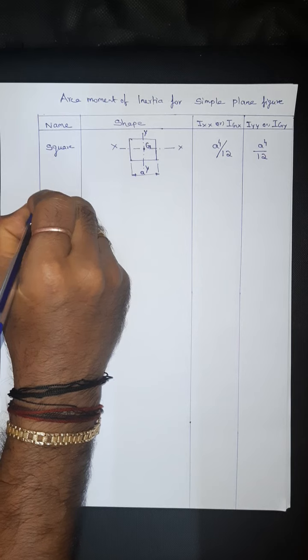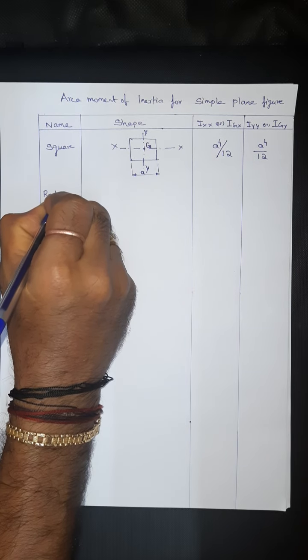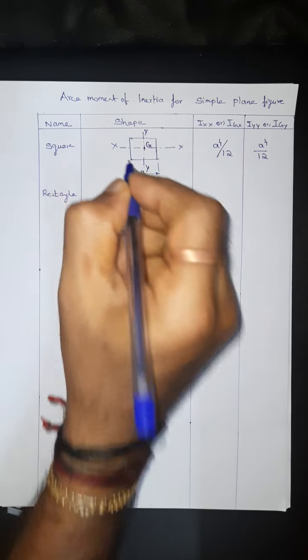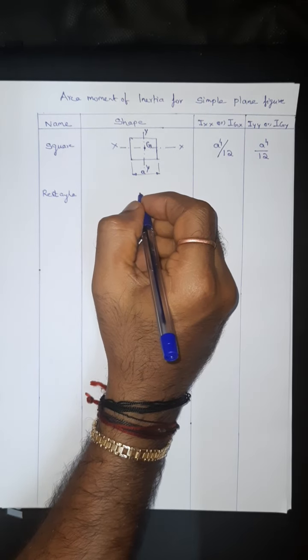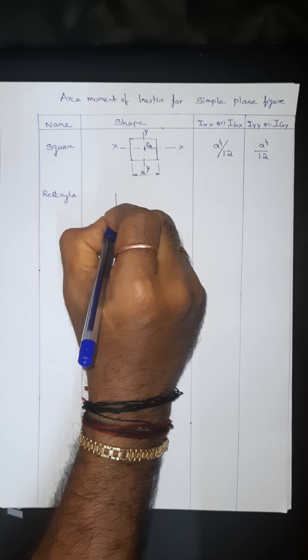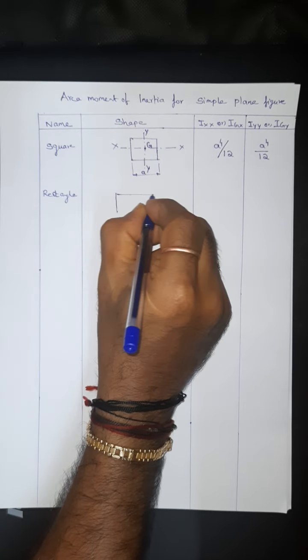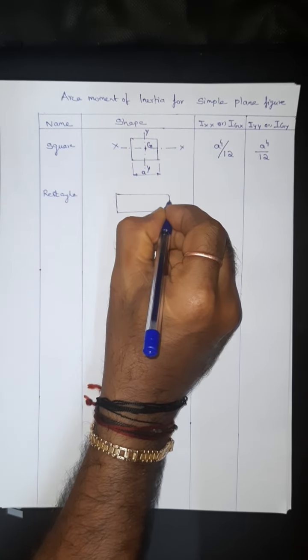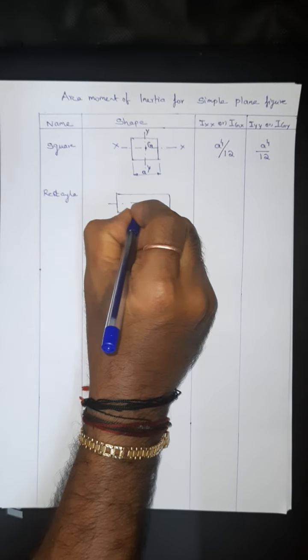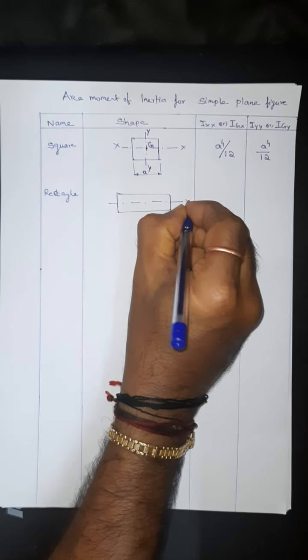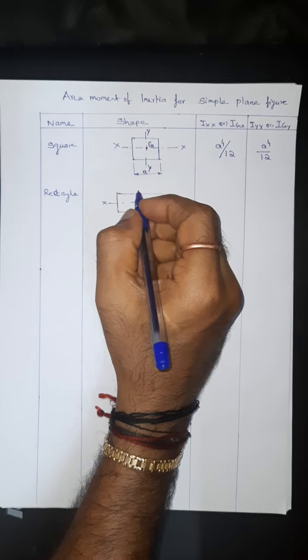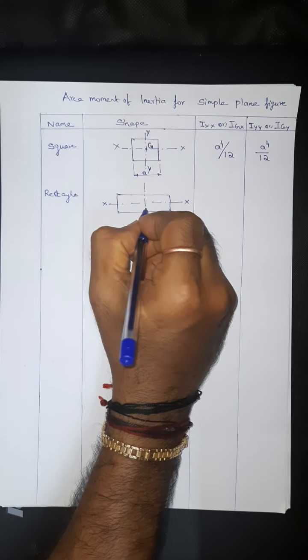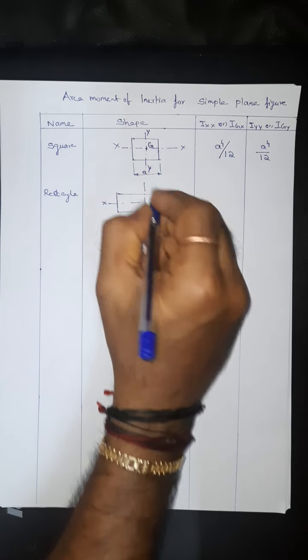So let me just take the next shape of the plane figure as rectangle. So let me consider the rectangle and its centroidal axis. This is XX and its vertical axis as YY.